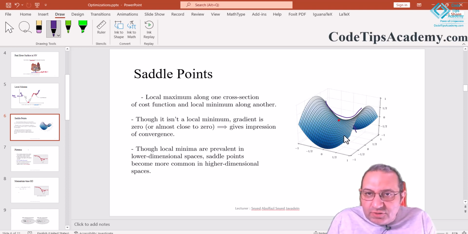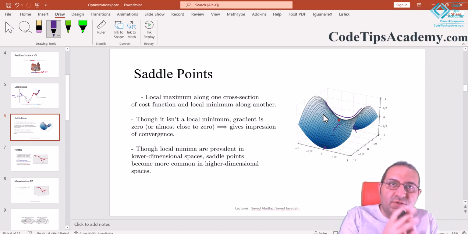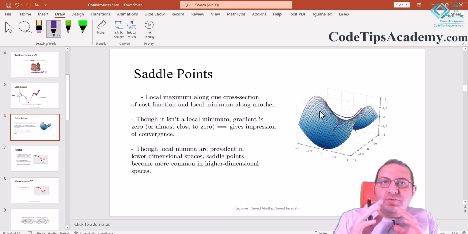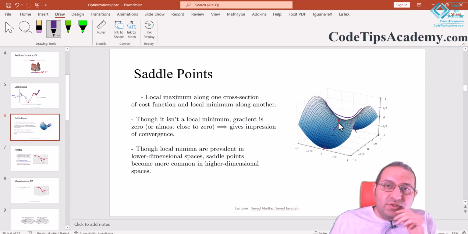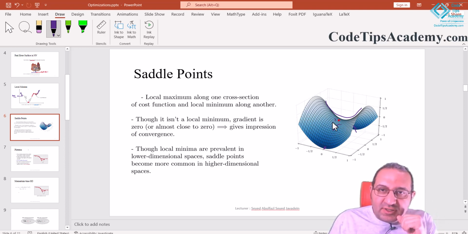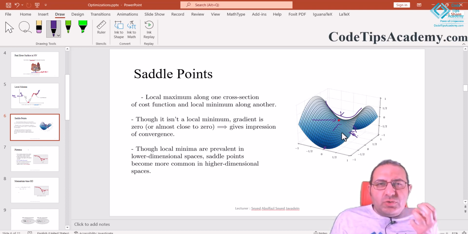We call these saddle points, and we want to pass them.